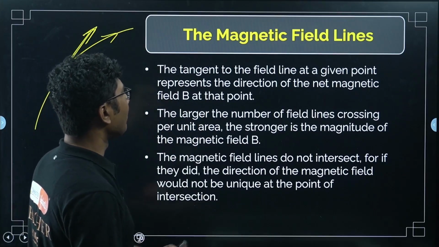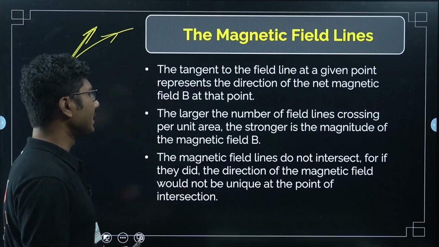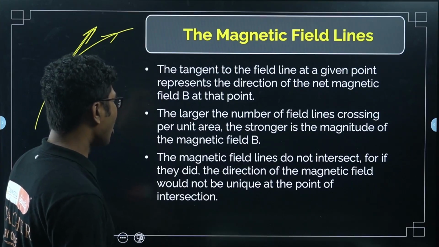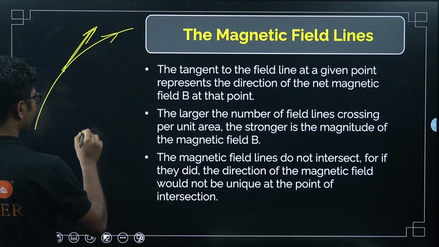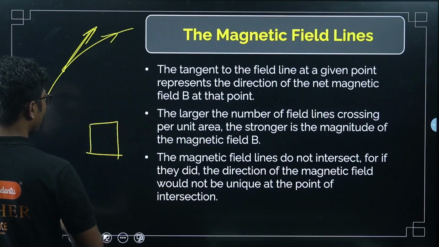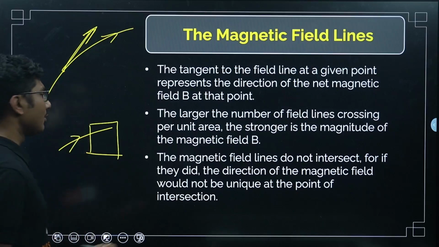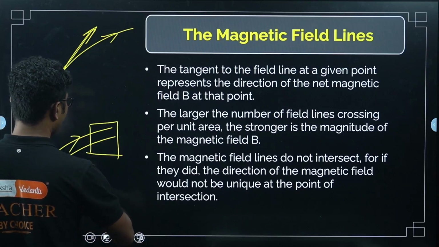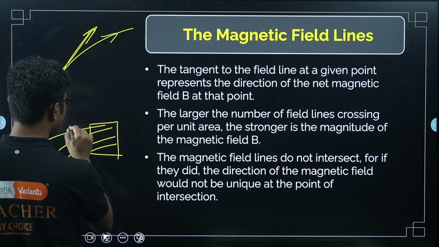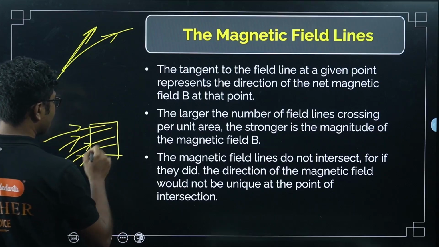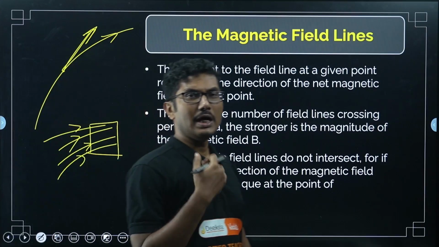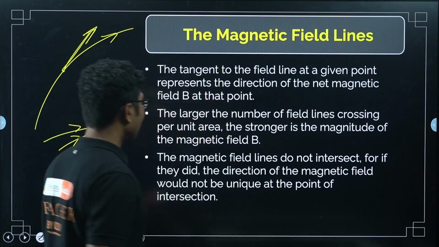Now, the larger the number of field lines crossing per unit area, the stronger the magnitude of the magnetic field B. Suppose I have an area, and in some case only one line is crossing it. The magnetic field will be relatively weaker compared to when 3 or 4 lines are passing. So the more lines passing through an area, the stronger the magnetic field at that point.